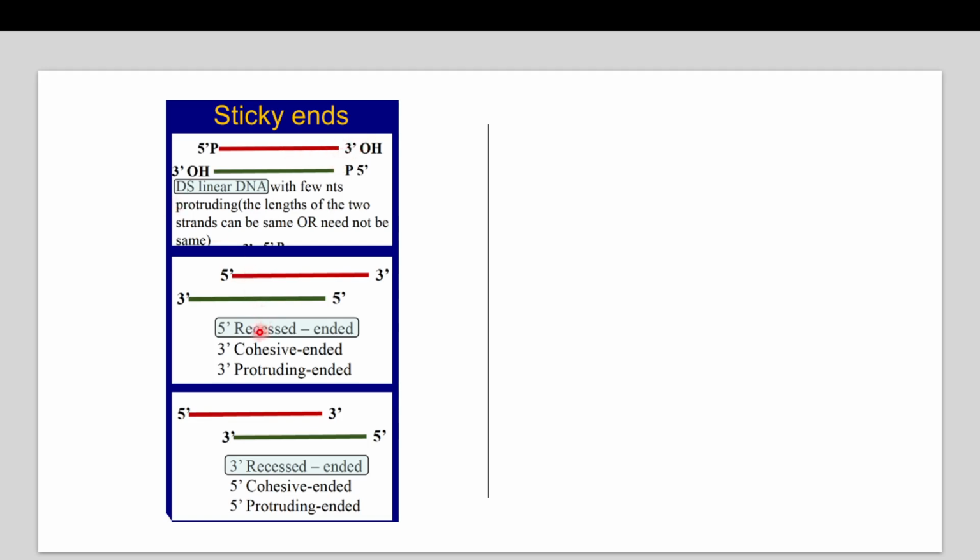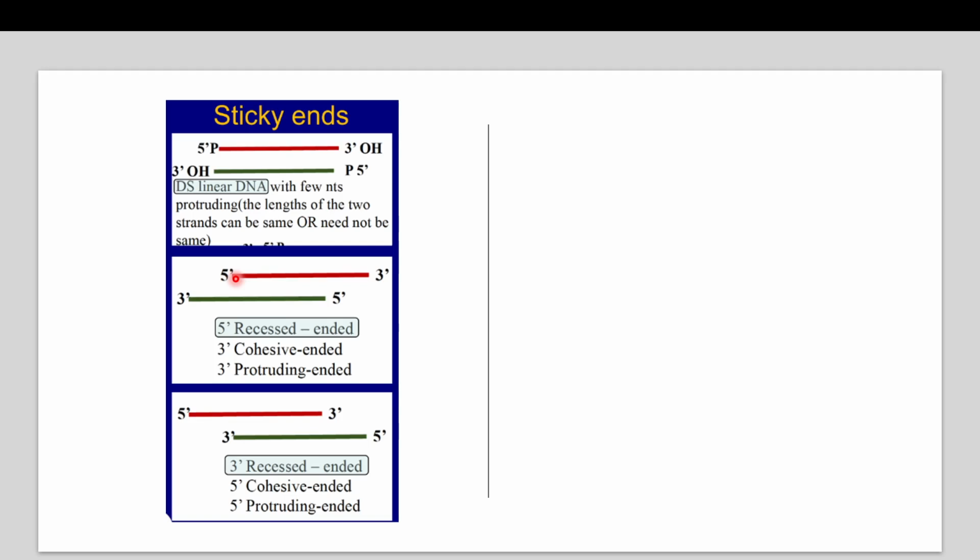So we can call it 5 prime recessed ended, or 3 prime cohesive ended, or 3 prime protruding ended. This might have been the whole DNA, the original sequence. In both the cases, the 3 prime end is protruding here. So this is also called 3 prime protruding ended or 5 prime recessed ended.